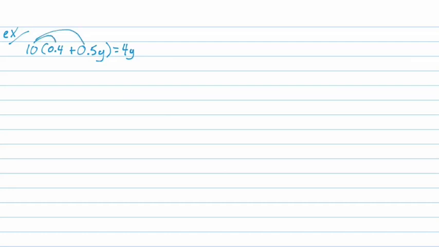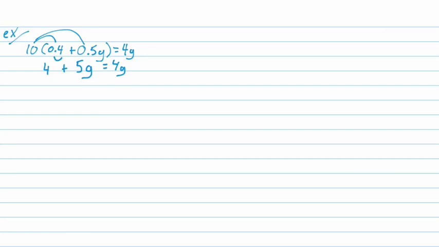So when I distribute, when I multiply by 10, it just makes it move that decimal place over. So this will just be a 4. This will be a 5g. And this doesn't change over here. In this case, now I normally say take the smallest coefficient and move it.